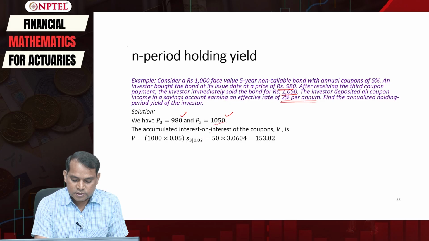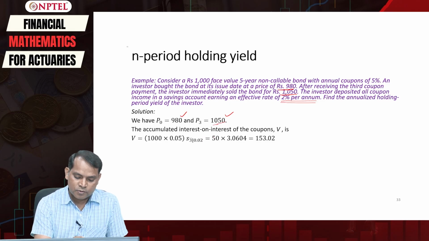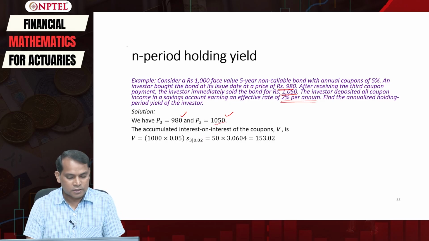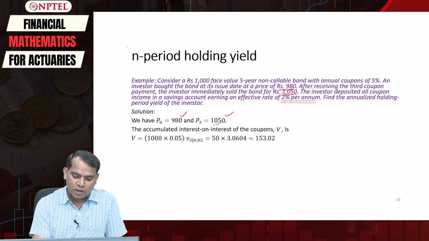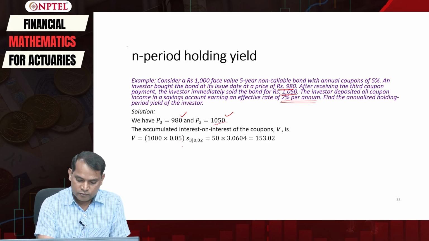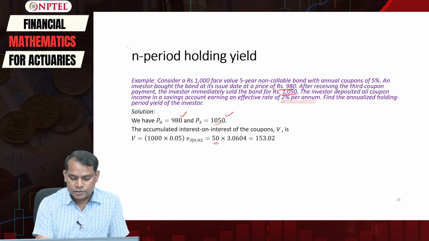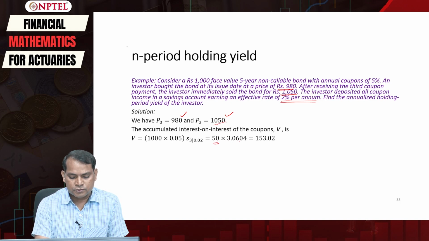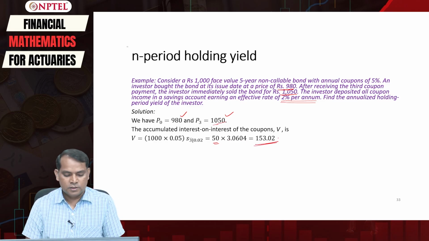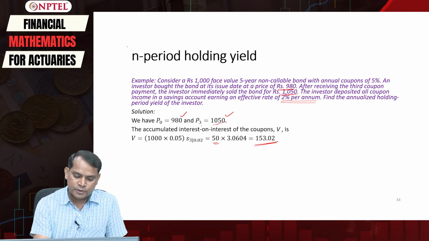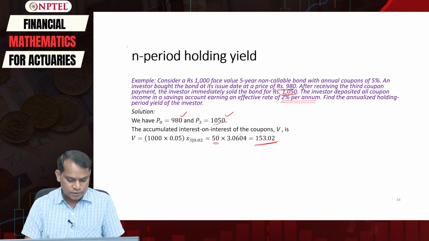The accumulated interest on interest of the coupons, that is V, can be computed as 1000 multiplied by 0.05, of S angle 3 at 0.02, which is equal to 50 multiplied by 3.0604, which is equal to 153. So, once you compute P0, P3 and V, your job is done now. We can easily compute IH.